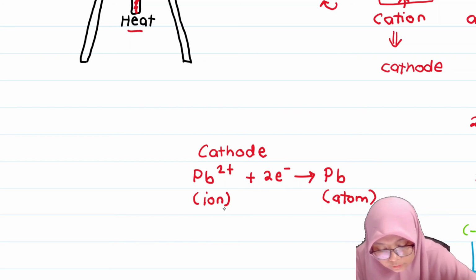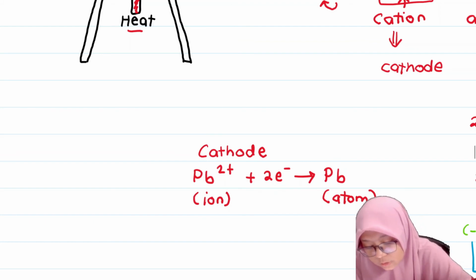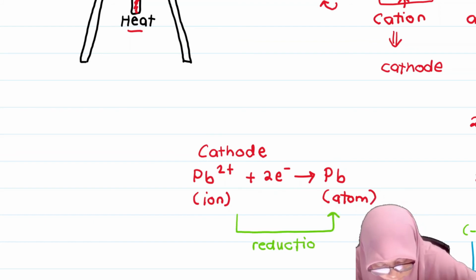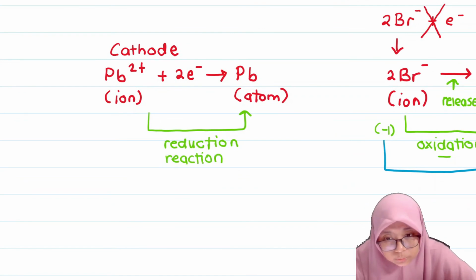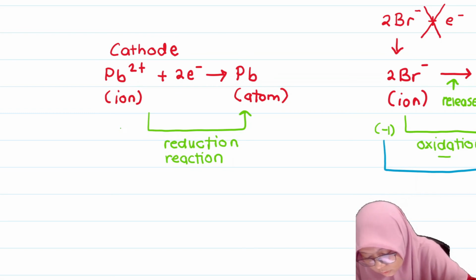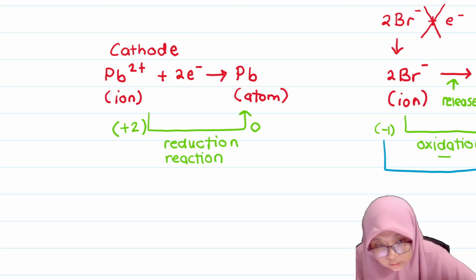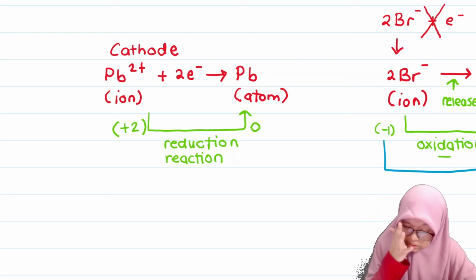So during this reaction, as you can see, there is accepting of electron, the gain of electron. If you gain electron, it is a reduction reaction. So this reaction is a reduction reaction. If you want to explain in terms of change in oxidation number, you can see that the oxidation number changed from +2 to 0. The oxidation number for an atom is 0.